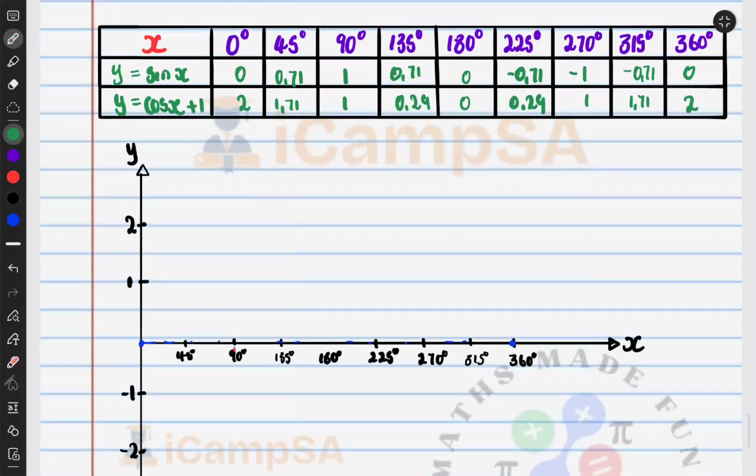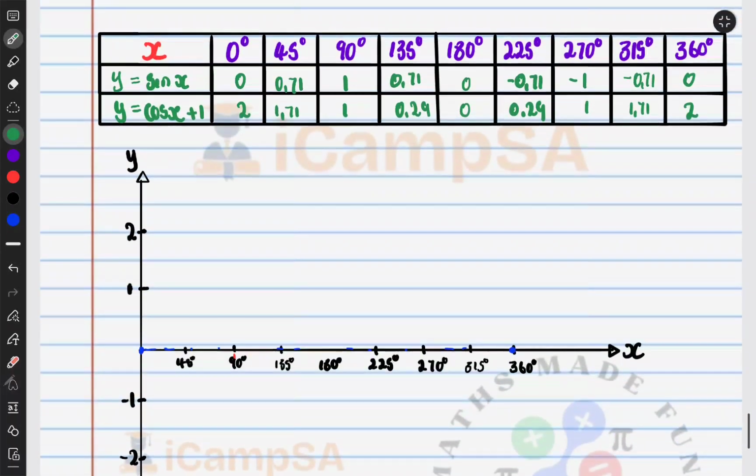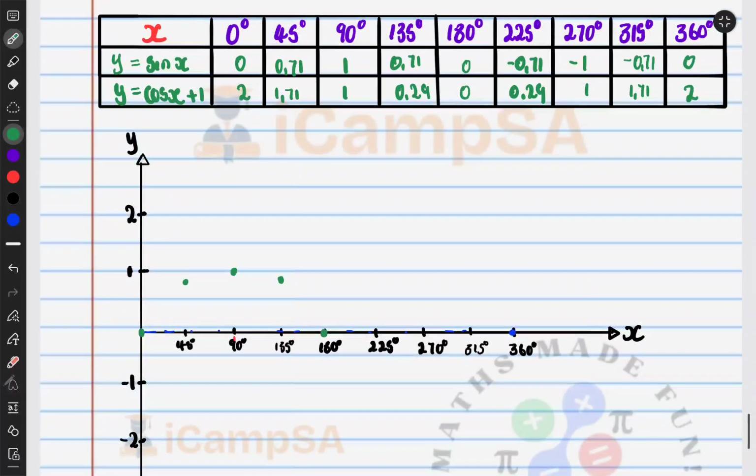Let's plot the points. Start with the sine function, where x is 0 degrees, y is 0; at 45, 0.71; somewhere there at 90 degrees is 1; at 135, 0.71; at 180, it is 0; at 225, it's negative 0.71; at 270, it's negative 1; 315, negative 0.71; 360 is 0.